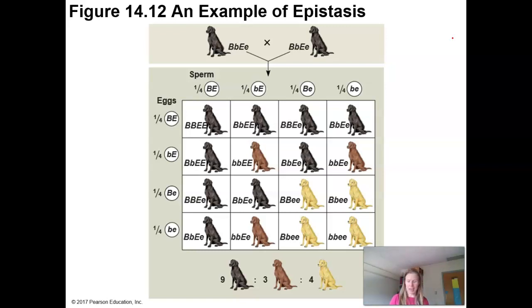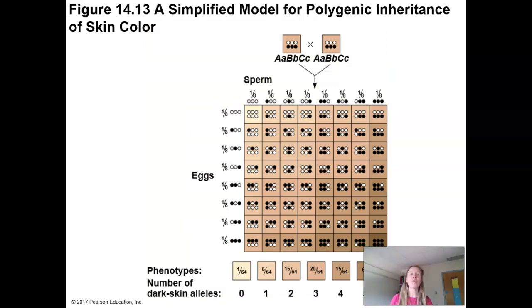Another polygenic inheritance example, and I love this, a simplified model. Polygenic inheritance, again, means that there are multiple genes that affect this trait. So skin color, right? There are multiple genes that affect skin color. In this case, there's this additive effect.